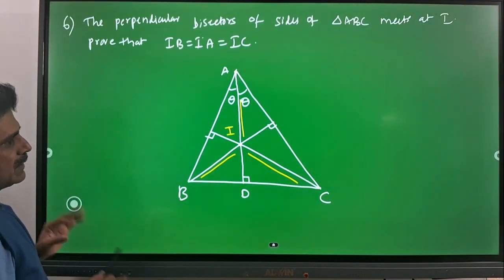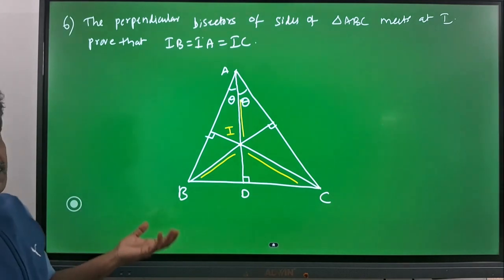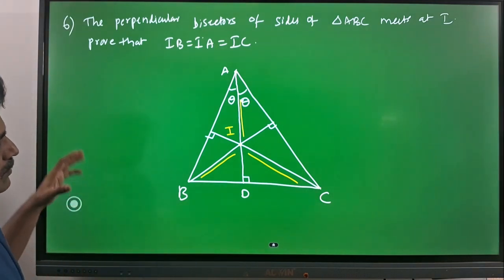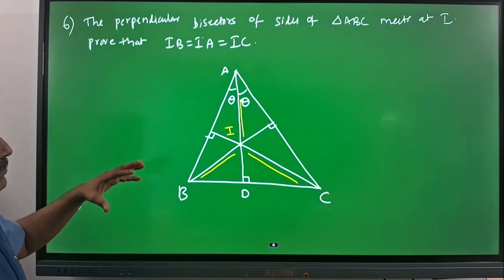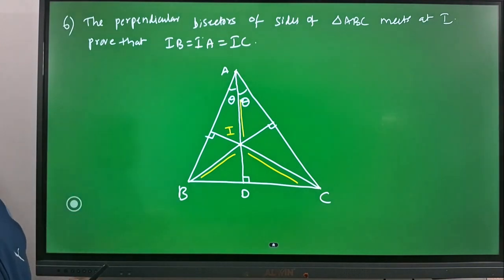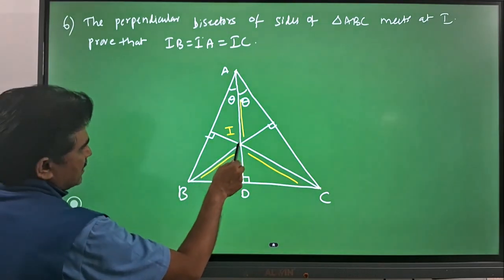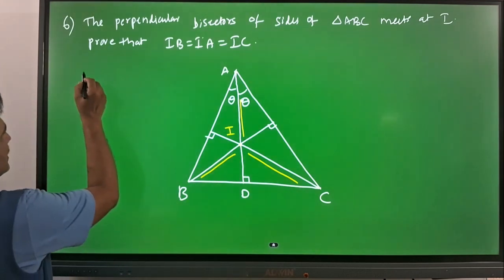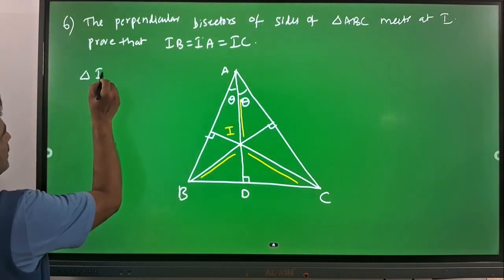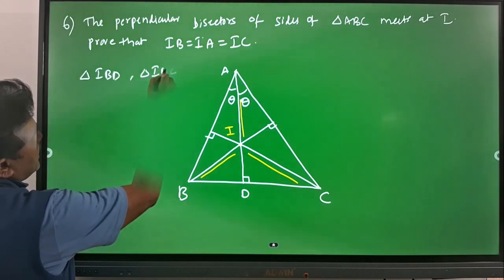First of all, consider two triangles, since they are asking about equality. Equality can be proved very easily using congruency. So I am considering two triangles so that I can get an equality relation from the given things. As usual, I am considering triangle IBD and triangle IDC.